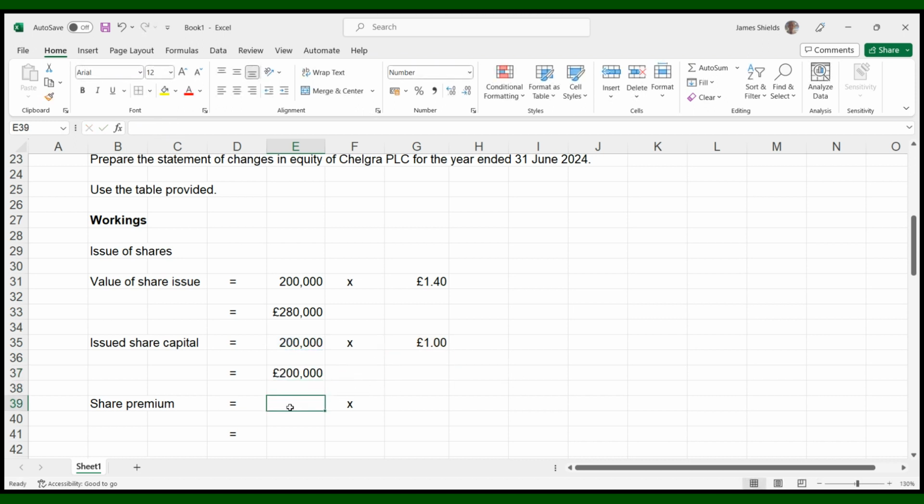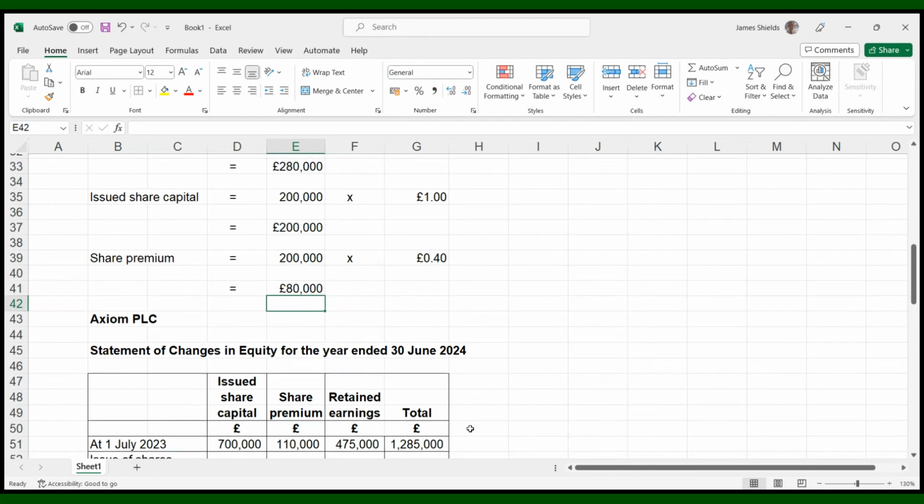Share premium, again, we take the 200,000 shares and we times it by the share premium amount. And the share premium amount is the £1.40, the issue price, take away the nominal value of £1, so it's going to be £0.40. So the amount of the share premium is going to be 200,000 shares times the share premium of 40 pence, which gives a total of £80,000 for share premium.